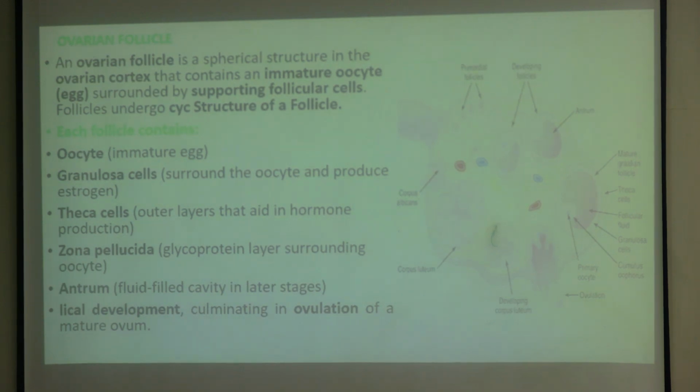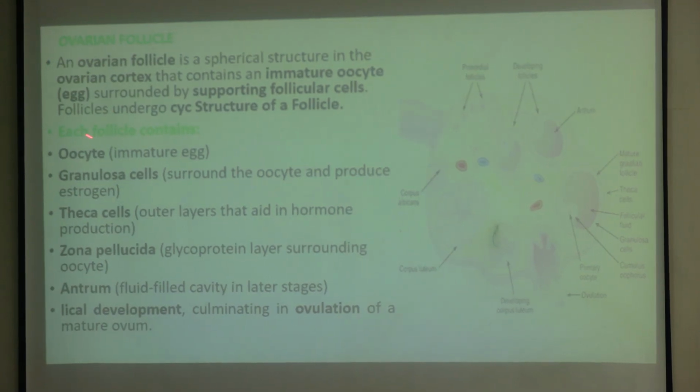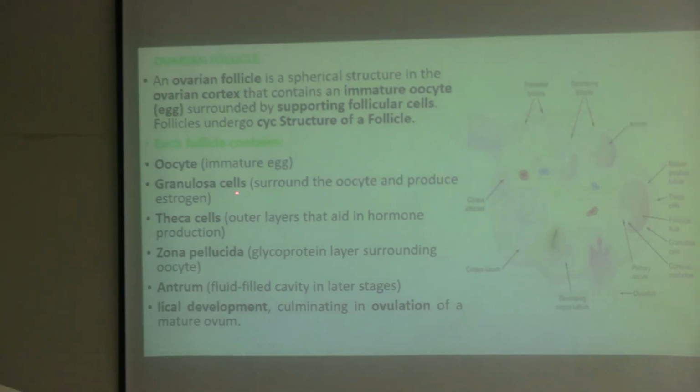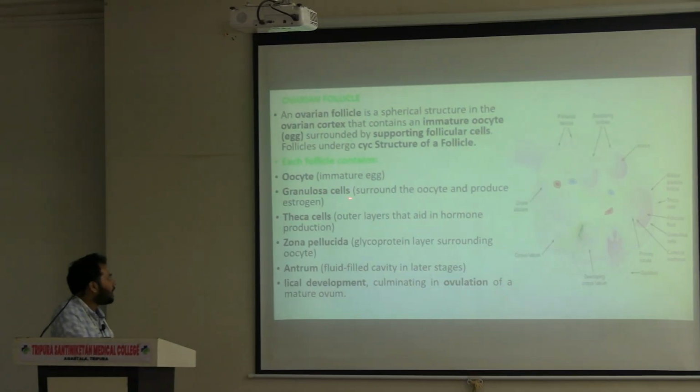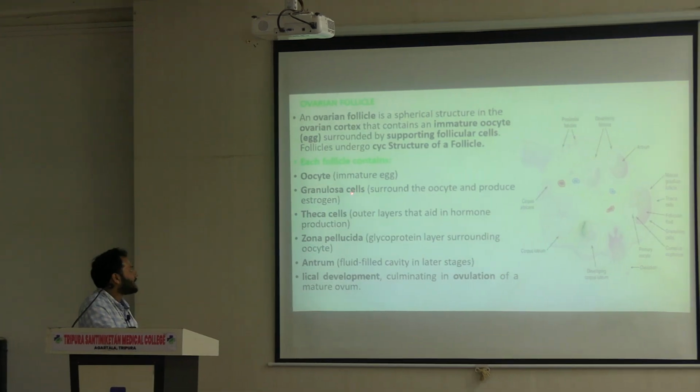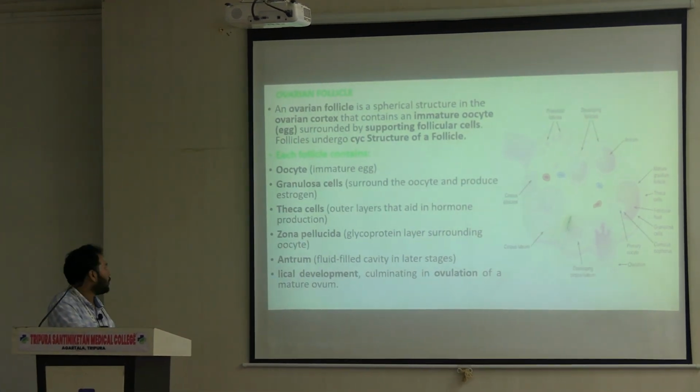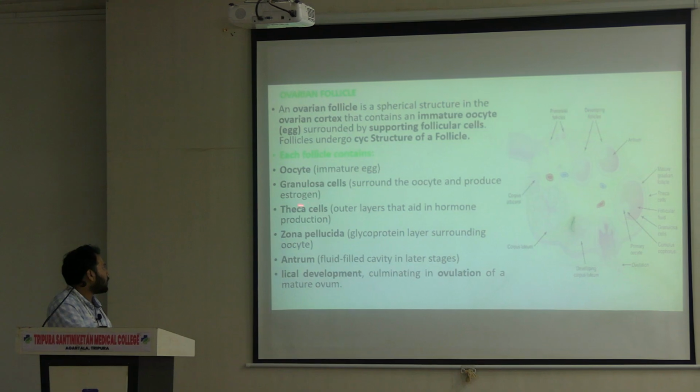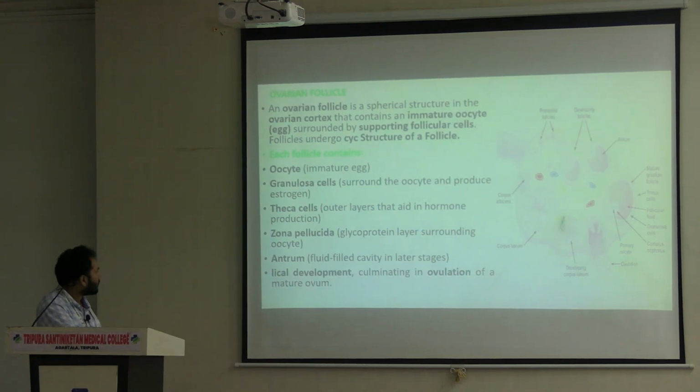That undergoes some structural changes that lead to the development of a mature Graafian follicle inside the ovary. Here each follicle contains immature egg cells, and these follicles are surrounded by special cell types called granulosa cells, which are important because they produce an endocrine hormone, estrogen.